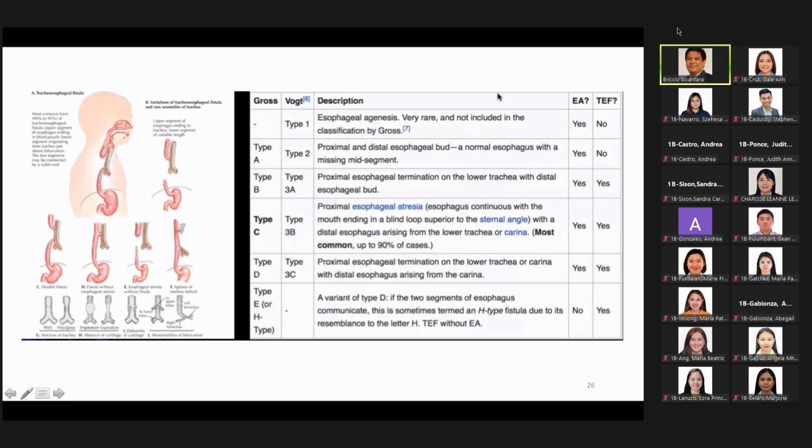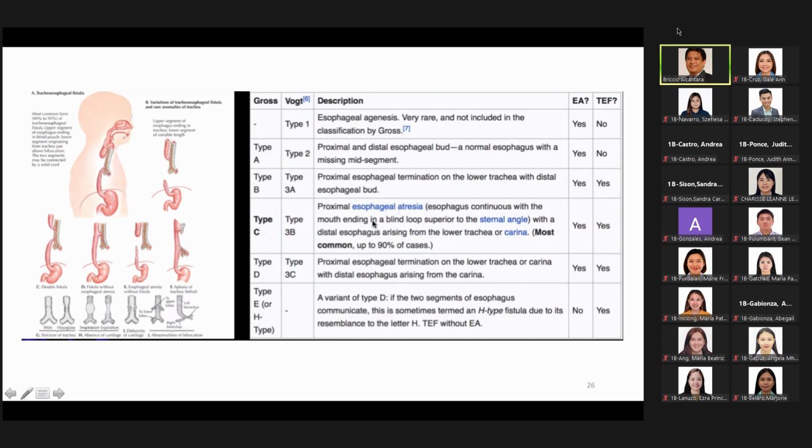Okay. So the type 1, you're going to have your esophageal agenesis there, rare, not included in the classification by Gross. Okay. Type 2, proximal and distal esophageal bud, normal esophagus with a missing mid segment. Okay. Type B here by Gross there. Type C, you have now your proximal esophageal atresia.